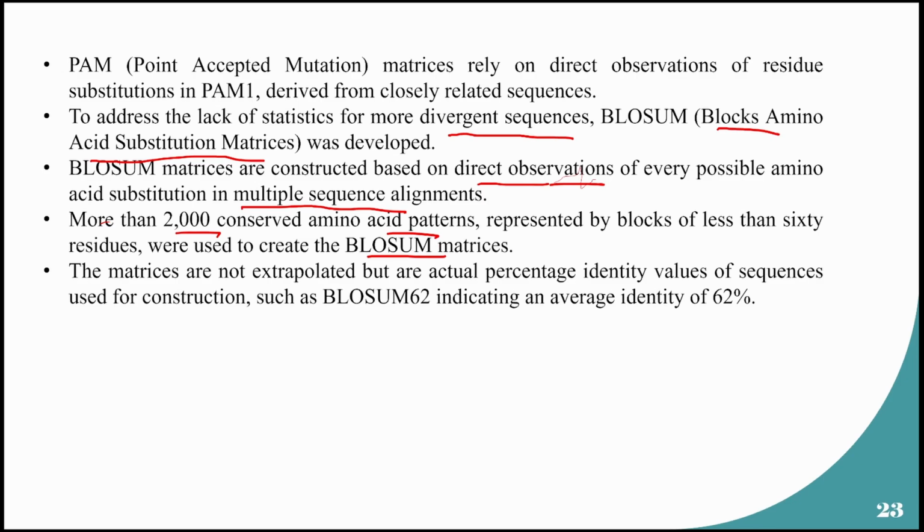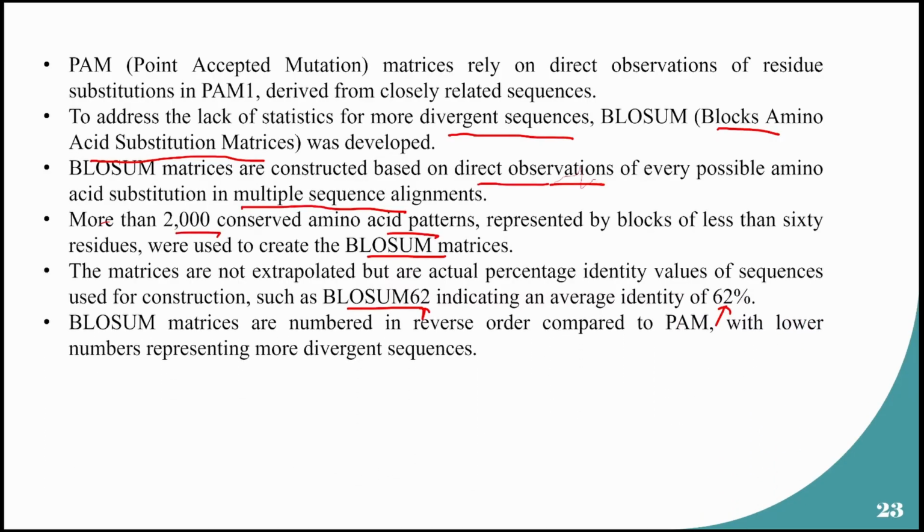In this particular case, the matrix is not extrapolated, but is based on the actual percentage identity of sequences used for the construction of the matrix. For example, in the case of BLOSUM62, the 62 value indicates that the average identity is 62% between the sequences. And if you compare the numbering with PAM, you will find that the BLOSUM matrices are numbered in reverse order as compared to PAM.